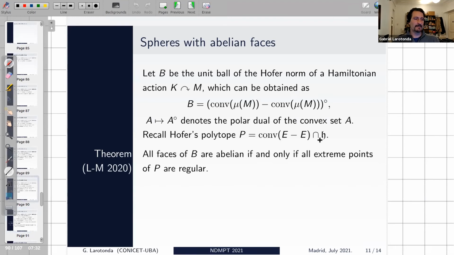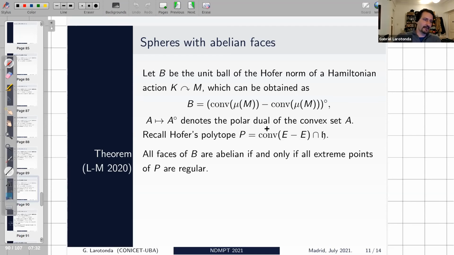Regular means in this setting, for instance, that the adjoint representation has all different eigenvalues, no repeated eigenvalues. This is the Lie group notion of regular, or the Lie algebra notion of regular elements.